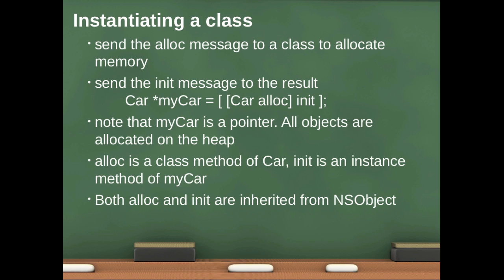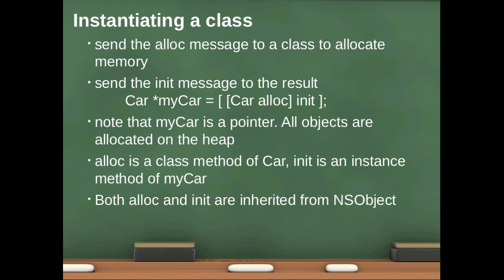But you can see here that we've sent the alloc message to Car, and this will give us a block of memory on the heap. And then what we have here is an uninitialized myCar. In other words, we have an object at this point. It's a pointer to an uninitialized hunk of memory out there on the heap.